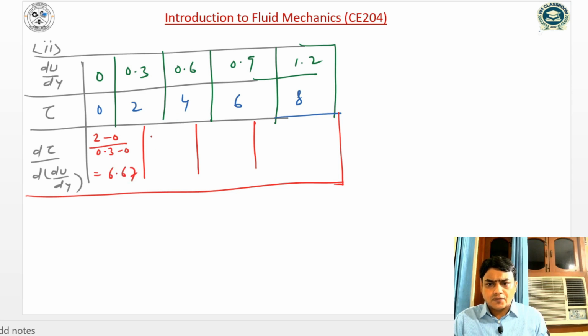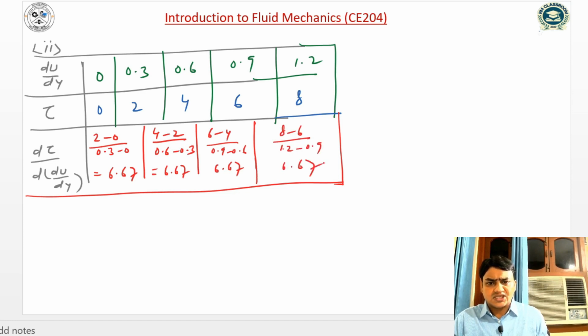Similarly here, 4 minus 2 divided by 0.6 minus 0.3, once again 6.67. Here 6 minus 4 divided by 0.9 minus 0.6, so it is 6.67. And here 8 minus 6 divided by 1.2 minus 0.9, so 6.67. Once again the slope is constant here.